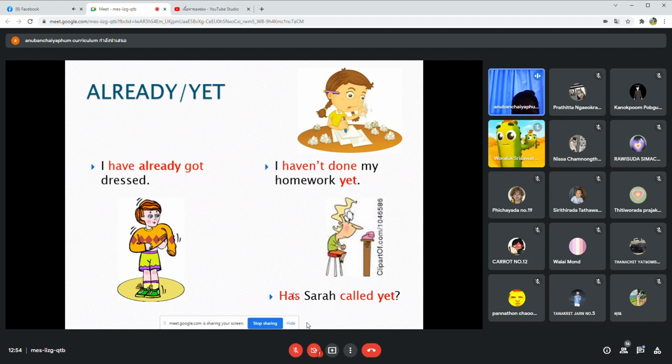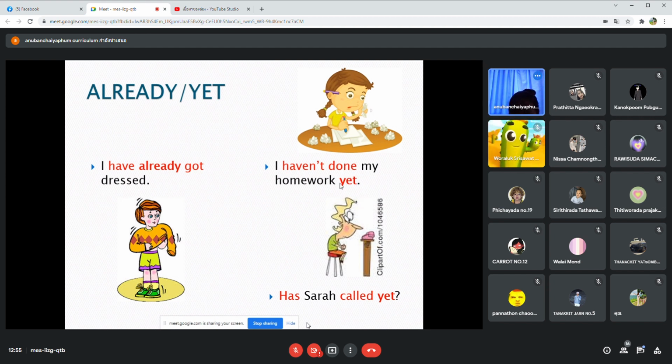So this is how you are going to use the time expressions already and yet, okay? So I have, and then already, and then your past participle. Here, I, subject, and then the negative form of your present perfect tense, haven't, and then your past participle, and yet is at the end.